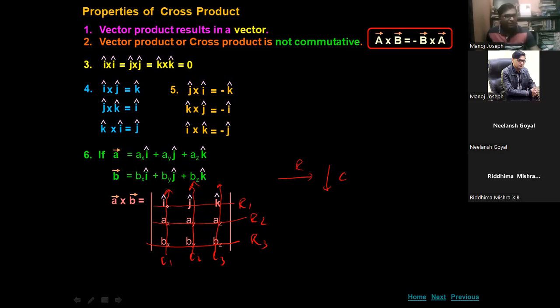The first column represents the components along the x-axis of both vectors, the middle column represents the components along the y-axis of both vectors, and in the third column, represented by k cap, we will arrange the scalars of both vectors in the direction of the z-axis. So from vector A, we have put here ax, ay, and az. Similarly, from vector B, bx, by, and bz.